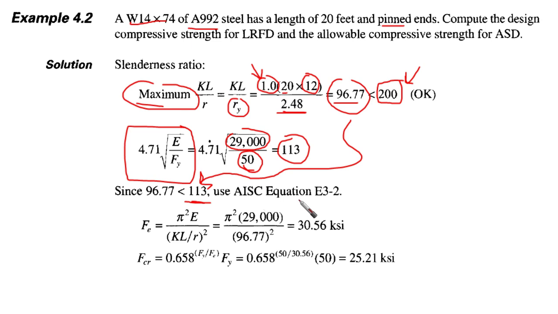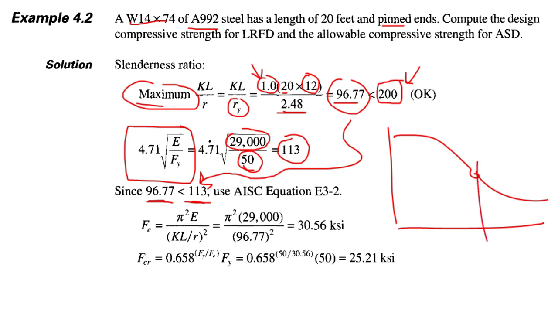Do we use inelastic buckling or elastic buckling in this case? Yes, it is less than this limit. So if we draw, for example, something like this, the limit here is 113, however our point is 96. So we are in the inelastic buckling range.